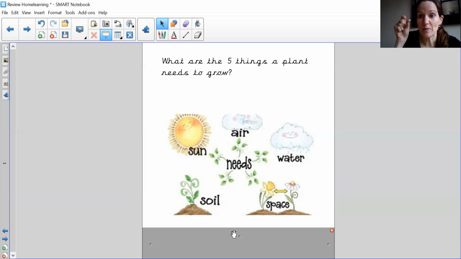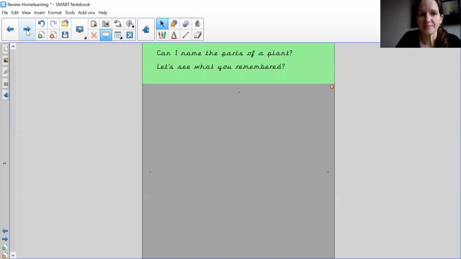When I put my 2 beans really close together in that jar, their roots were all tangled together. And one of those beans didn't grow. And that was probably because the roots didn't have space. So it needs air, sun, water, soil, and space. Okay, so those are the 5 things. Do you remember learning about that at the very beginning? Those are the 5 things that we needed to learn about to make a plant grow.